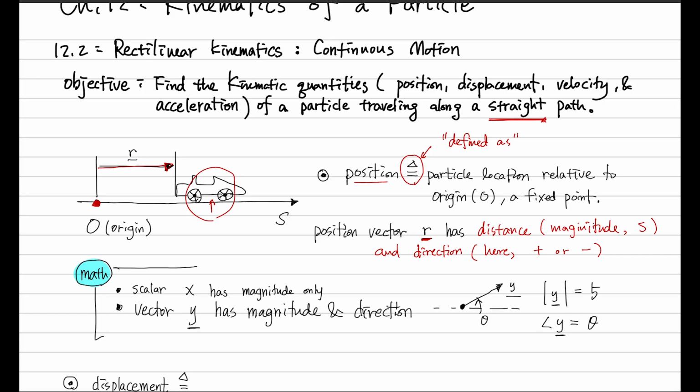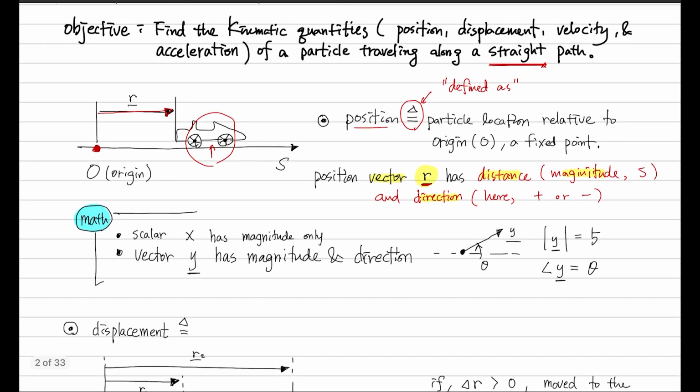Going along the axis is a positive direction, plus, and going against that axis is a minus, okay? So the important thing is it's a vector, R, so it has the magnitude and it has the direction, okay? I think it's pretty straightforward so far.